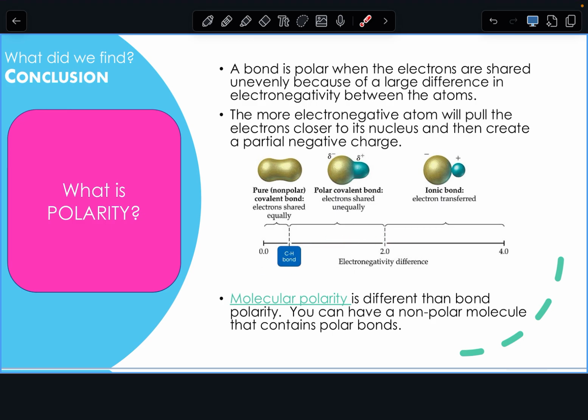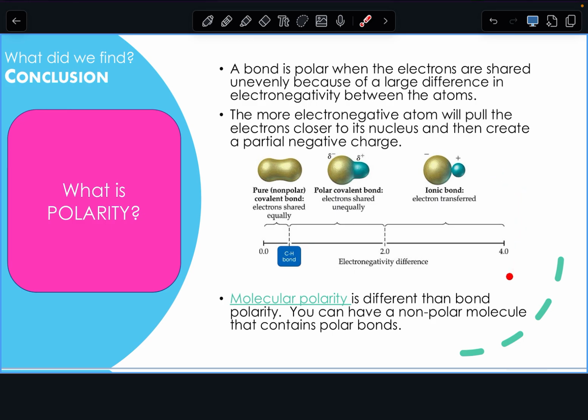Anything more than that becomes a polar bond. And if you go too far, you're going to cross into ionic bonds, where one is actually a giver of electrons and one is a straight up taker of electrons. But this polar covalent bond, it's kind of sharing, but it's not sharing evenly, right?